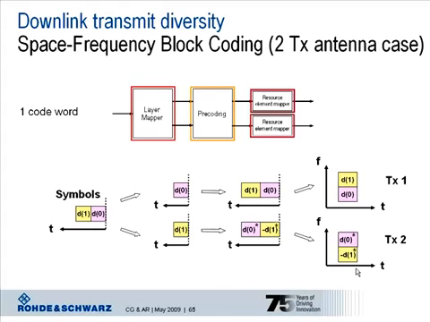The resource element mapper defines how to transmit these symbols in time and frequency and over the antennas. It's shown here that the same information is transmitted on both antennas because we have transmit diversity, but with different precoding. Antenna 1 in this example, TX1, transmits the symbol D0 at a certain subcarrier.